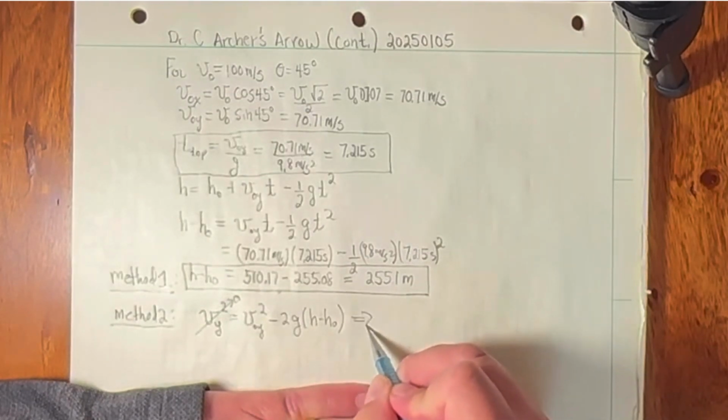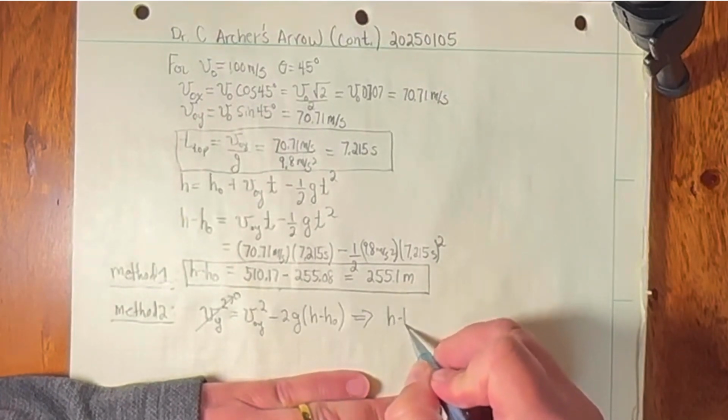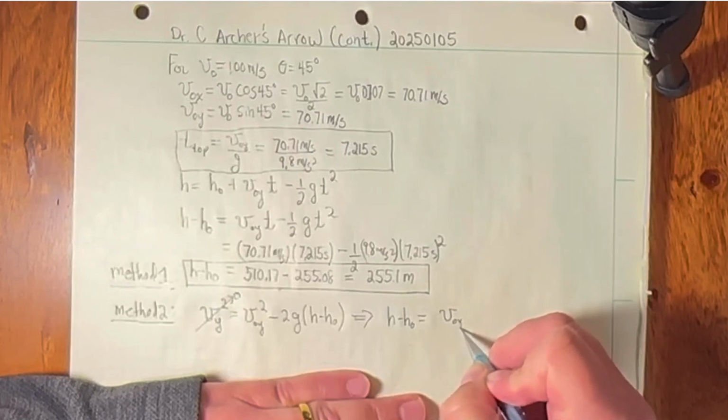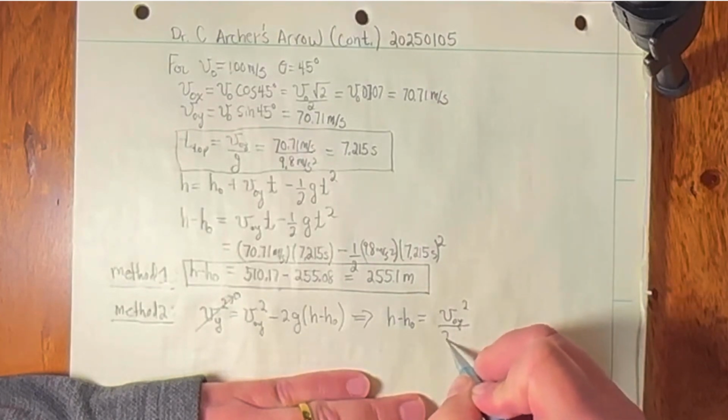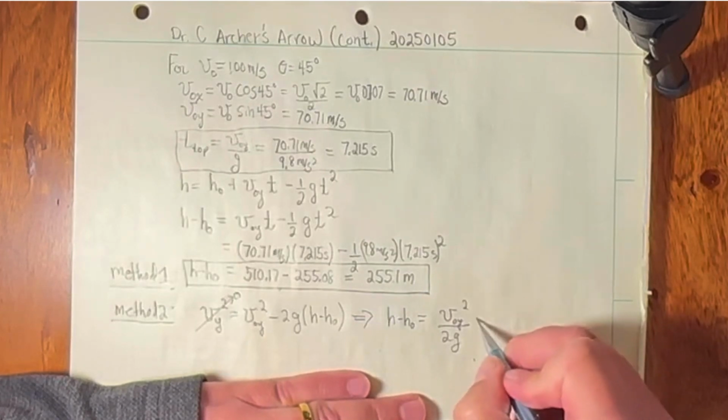So this tells us that h minus h naught is equal to v naught y squared divided by 2g. And we can substitute that in.